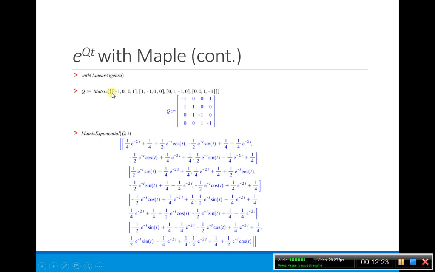You have brackets to indicate the matrix, and then brackets separating each of your rows. Then to find your e to the Qt, you just want the matrix exponential of your matrix Q with parameter t here. This bracket and this bracket indicate my first row, and then my first entry here is this one. My entries are separated by commas.